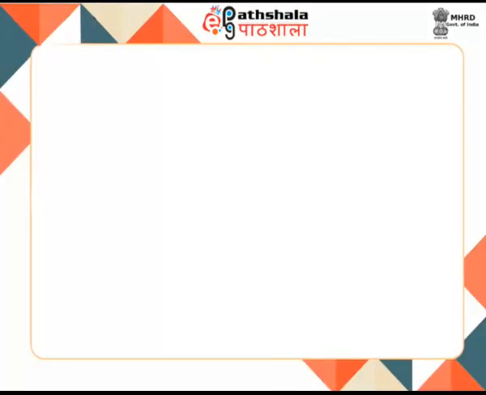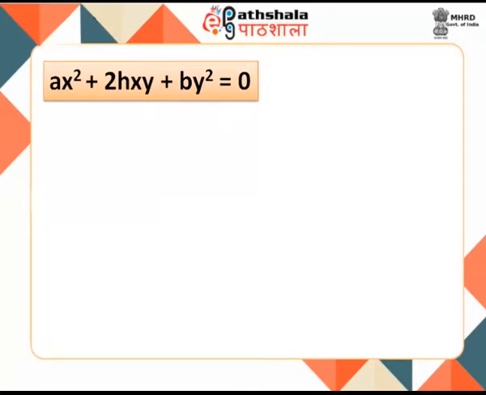Example: if ax square plus 2hxy plus by square equal to 0, find dy by dx.